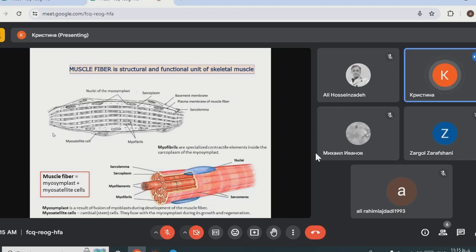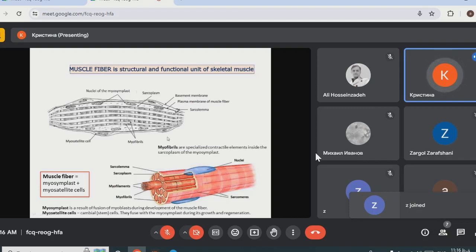To synthesize proteins, you need DNA, and from this DNA then RNA is transcribed, and then from RNA you will have the amino acids combined together to form proteins. So if you need more protein, you will need more DNA. And in this case, myosatellite cell nuclei, which will fuse with the myosymplast, will increase the amount of DNA needed to produce proteins to build myofibrils.